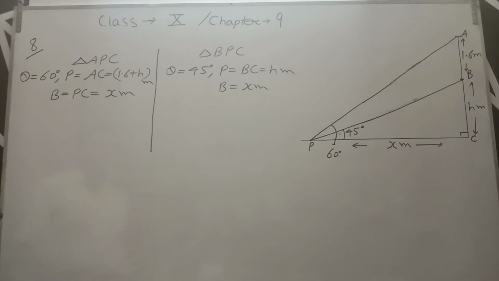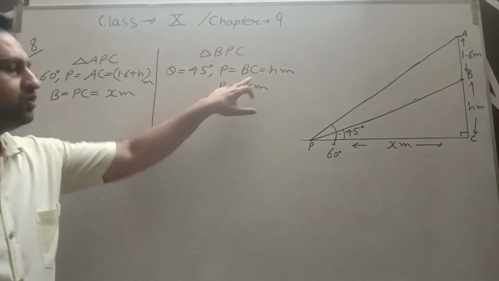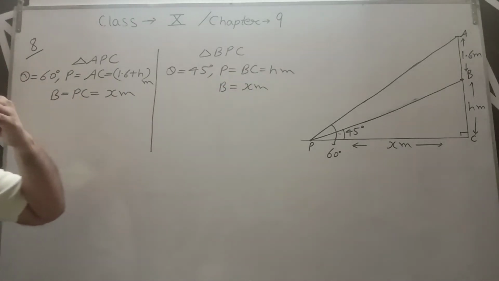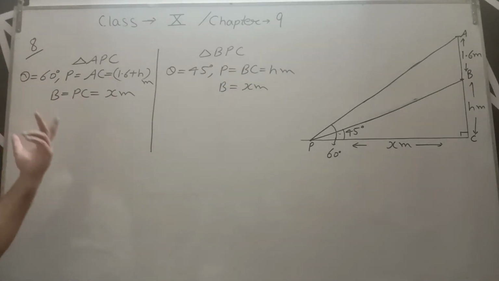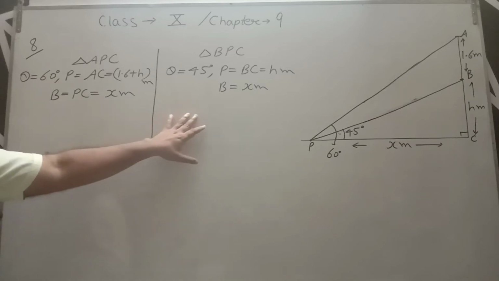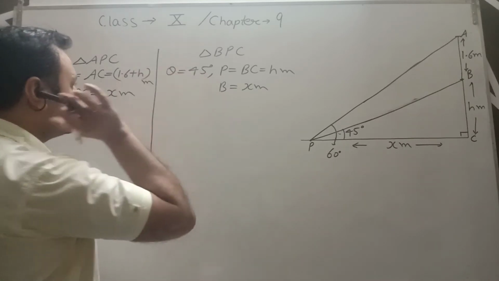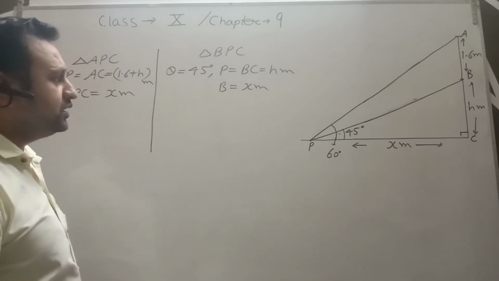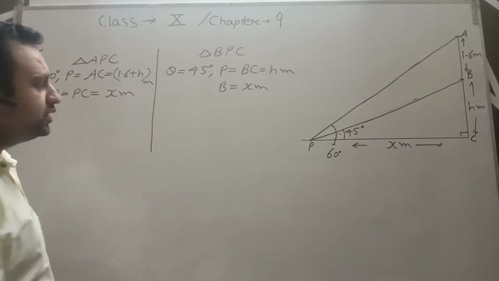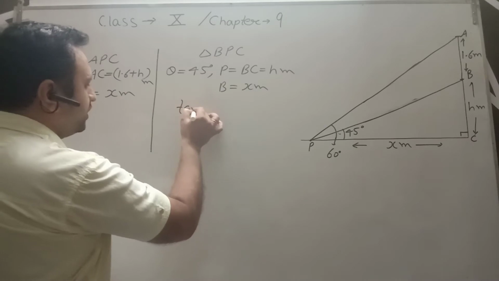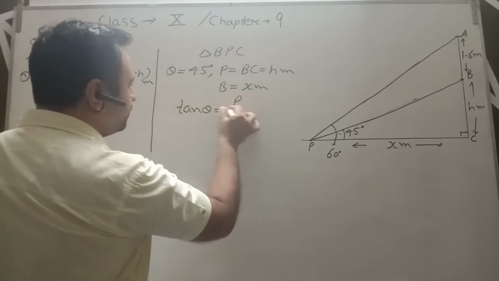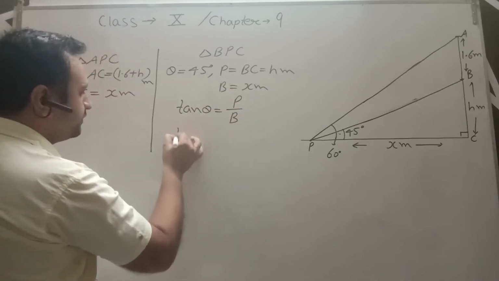So in both columns there are two unknown values, so we can simplify any triangle. So firstly we simplify this column. So trigonometric ratio in which perpendicular and base both are included. Obviously formula tan theta is equal to perpendicular upon base.